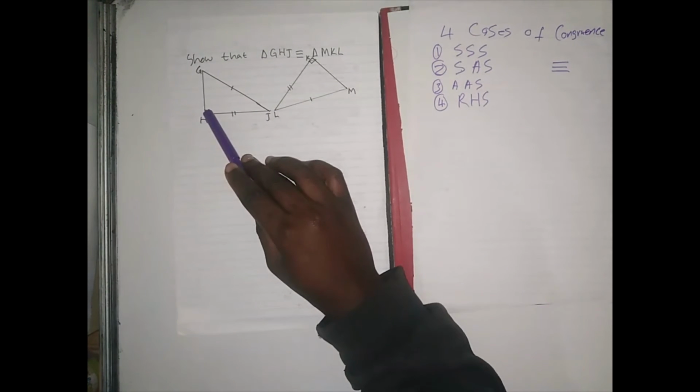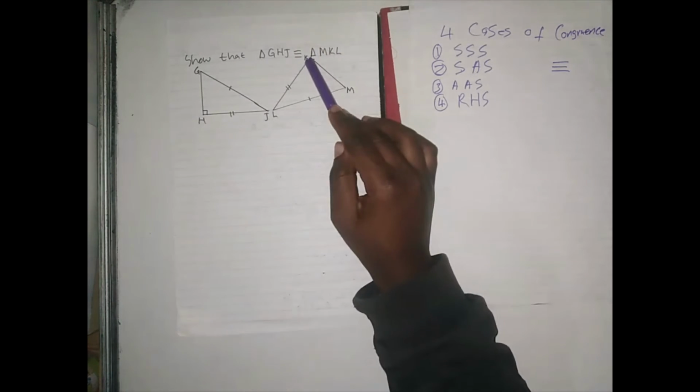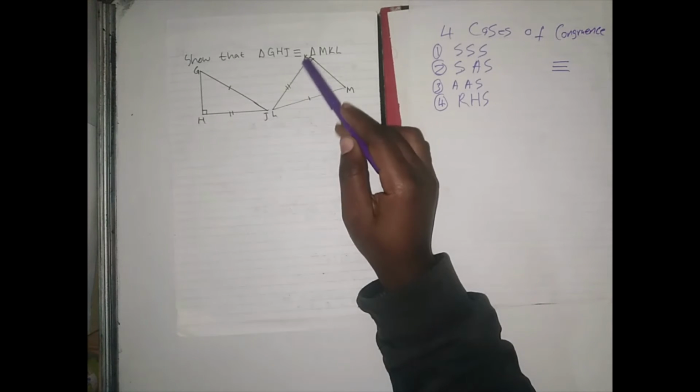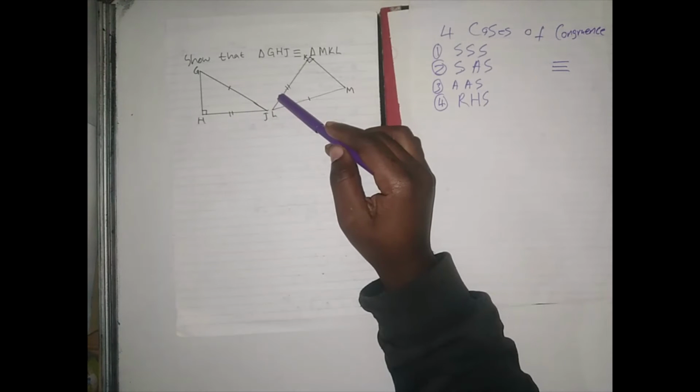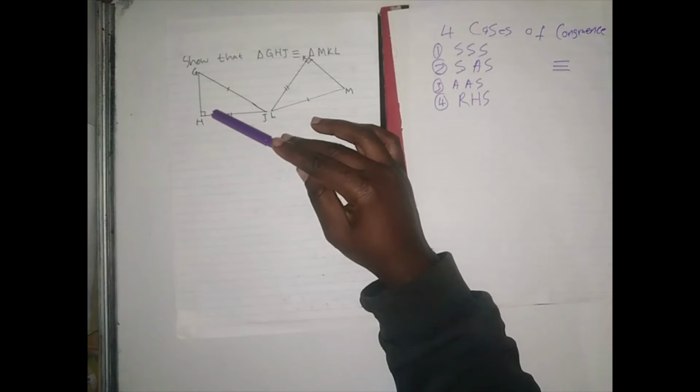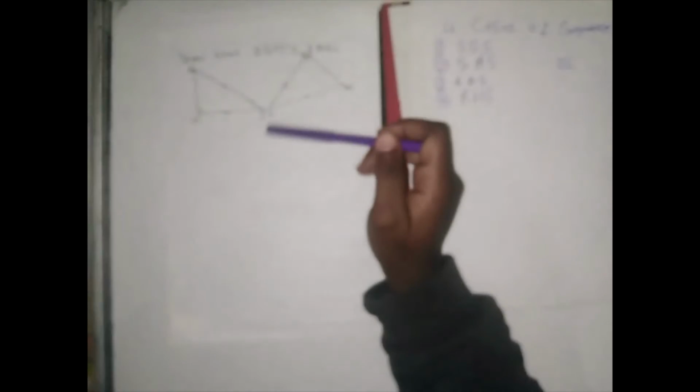So if this was another angle which is not 90 degrees, it wouldn't matter. Even if there was another angle, let's say this was 98 and then this was 98, we wouldn't have congruence here. You can explore and see that. But basically, it cannot be congruent if this angle is not 90 degrees.